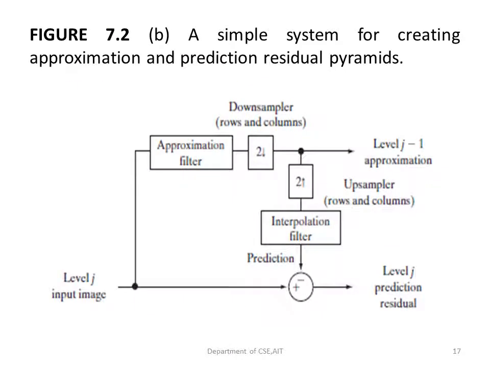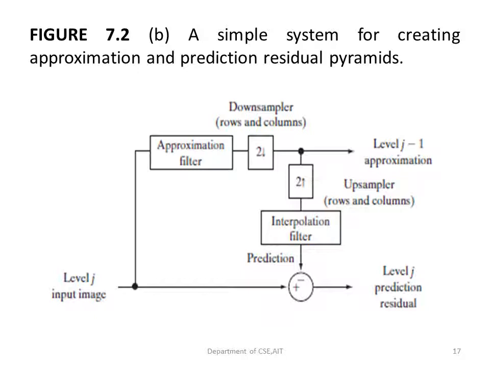Here we can see one simple system which is used for creating approximation and prediction residual pyramids. It consists of an approximation filter, an interpolation filter, a downsampler and an upsampler.